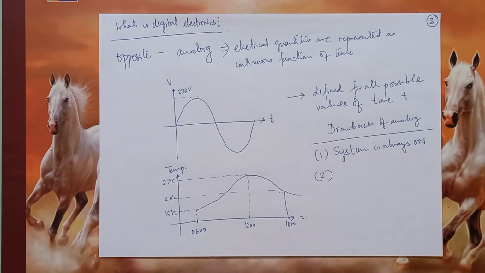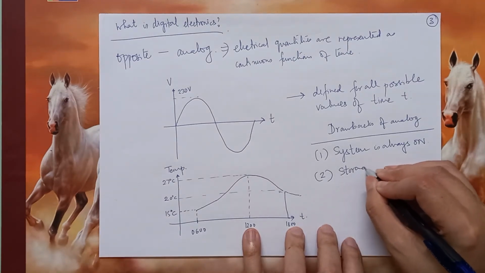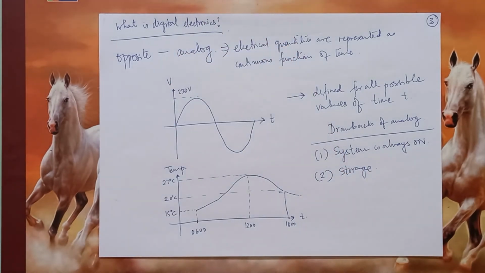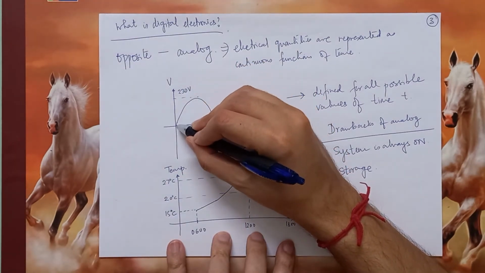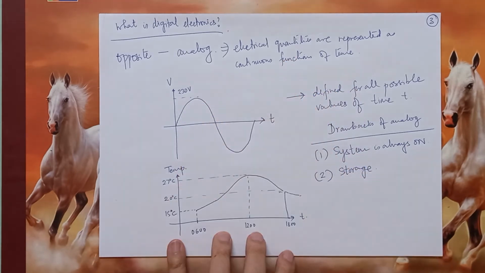Second, most importantly, the problem comes in storage. If I want to take some value of some quantity at some instant of time and store it somewhere, that storage facility is extremely limited, because analog systems essentially have to deal with quantities which have values at each and every possible instant of time.